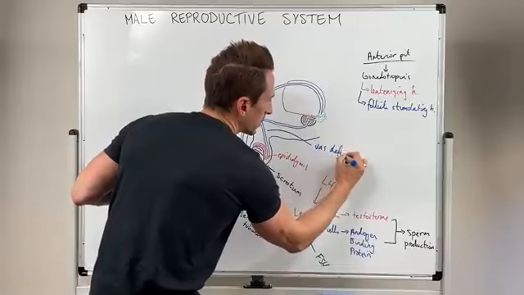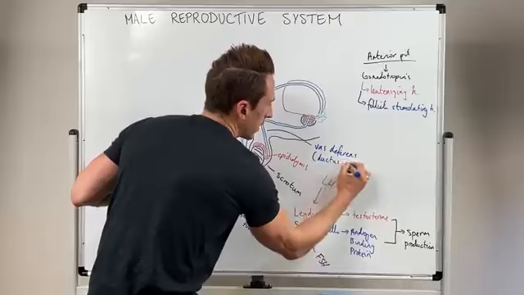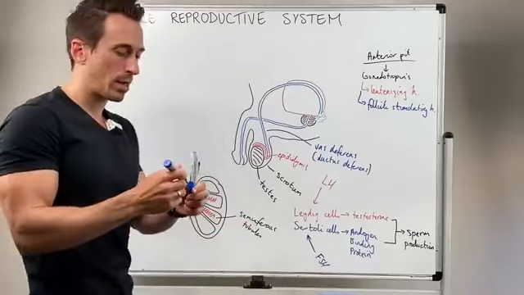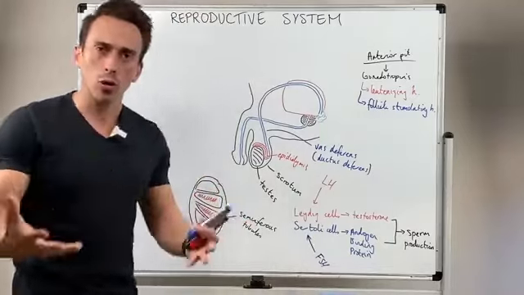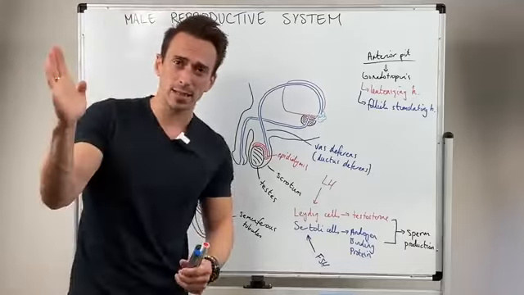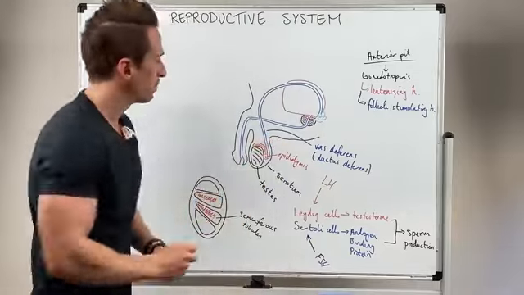If you've ever heard of a vasectomy, if a male no longer wants to produce children, they can have a vasectomy. Ectomy as a suffix means to cut, so they cut the vas deferens.